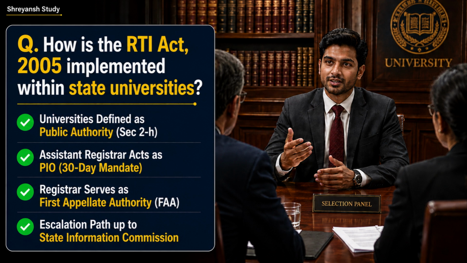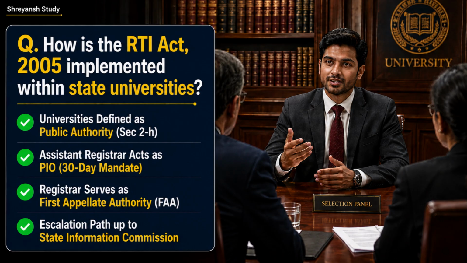Sir, the RTI Act 2005 is fully applicable to all state universities because they are established by a state legislative act, placing them squarely under the definition of a public authority under Section 2(h).